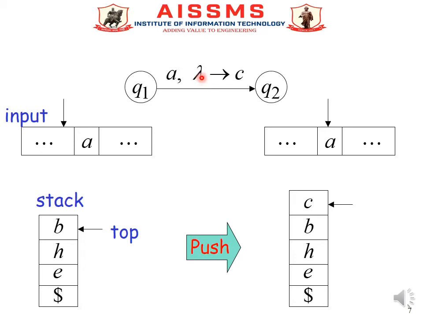This lambda indicates the empty symbol or the empty string, which means there is nothing to be popped. So, the new stack will look like this. B remains and the new symbol C is pushed onto the stack, and the top of the stack is now pointing to this new symbol pushed into the stack.